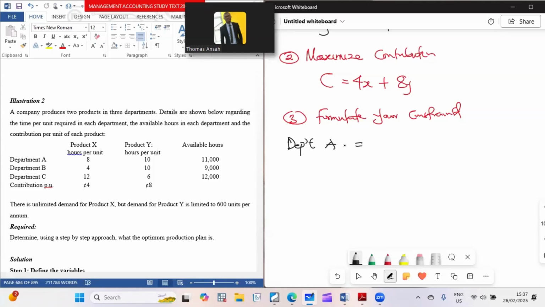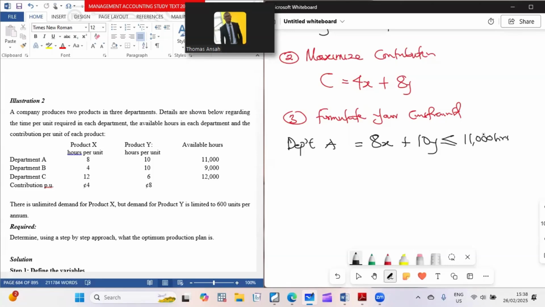So in department A, we have 8 of X as a product and 10 hours of Y, which we should be able to produce. So we should say that it is less than or equal to 11,000 hours, because we cannot exceed 11,000 hours.